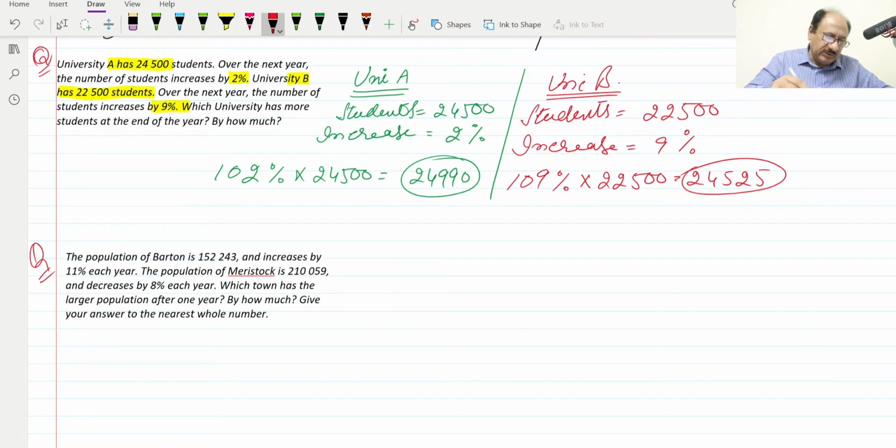Now they are saying which university has more students at the end of the year, and by how much.